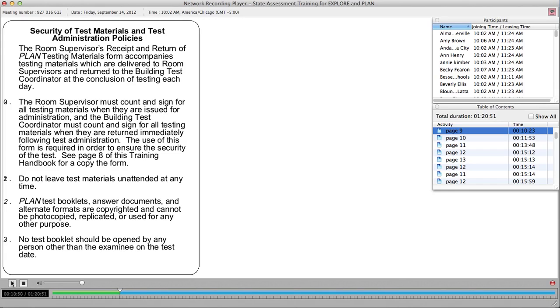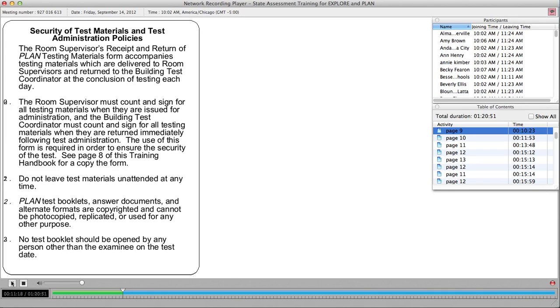The room supervisor must count and sign for all testing materials when they are issued for administration, and the building test coordinator must count and sign for all testing materials when they are returned immediately following test administration. This is a required form in order to ensure the security of the test. So if someone monitors, make sure that those forms are there and signed.